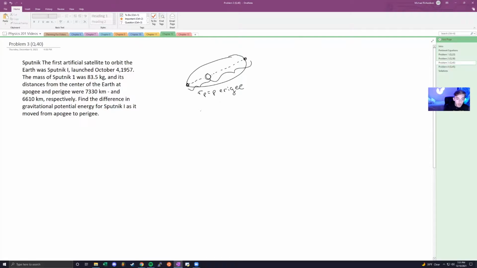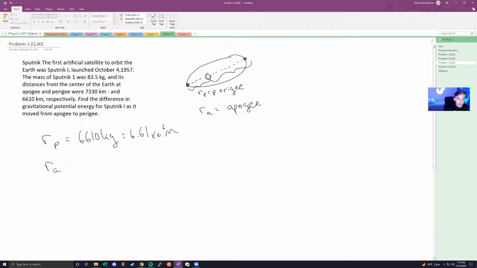And for the longest distance, it's going to be at apogee. So those distances we have are going to be 6,610 kilometers, which is equal to 6.61 times 10 to the 6th meters.